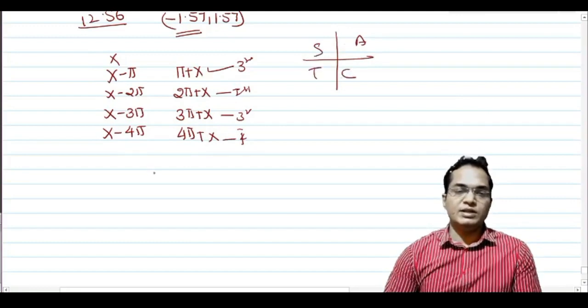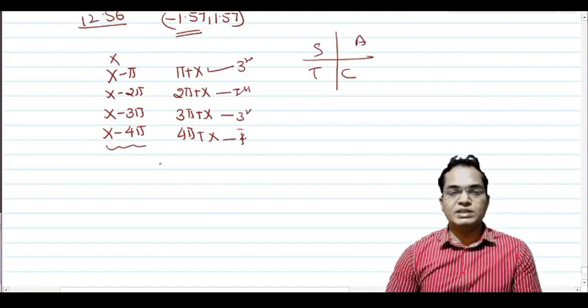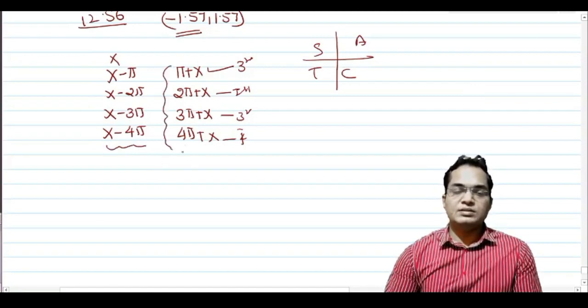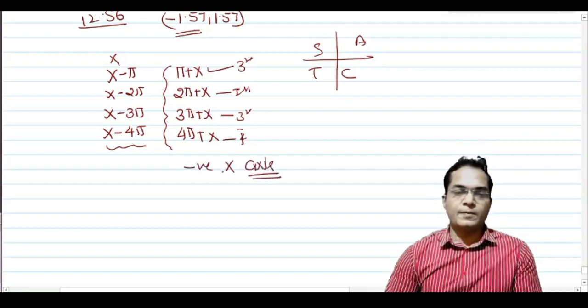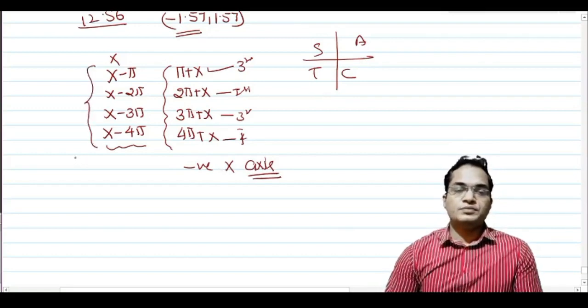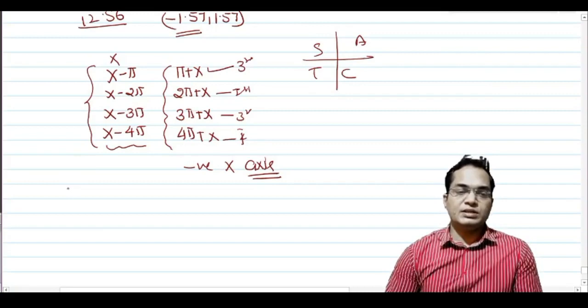ASTC. Got it? And what happens here? These angles, or you can say these parameters, are there when there is a negative x-axis. Negative x-axis. You can check the graph. And for this system, what is the nature? Suppose we have tan(x minus π).